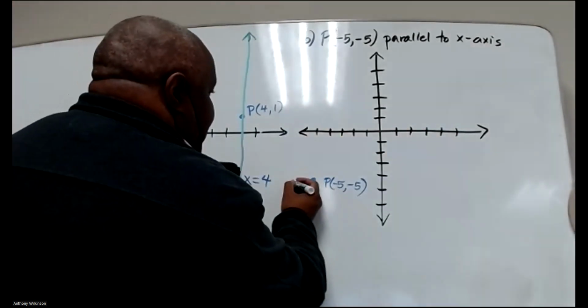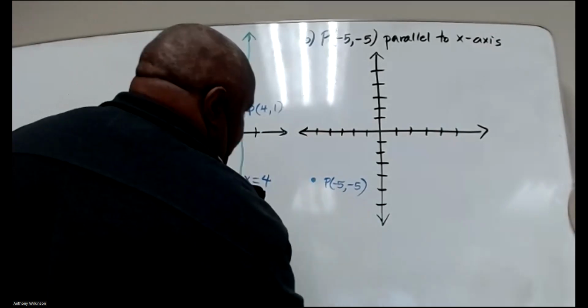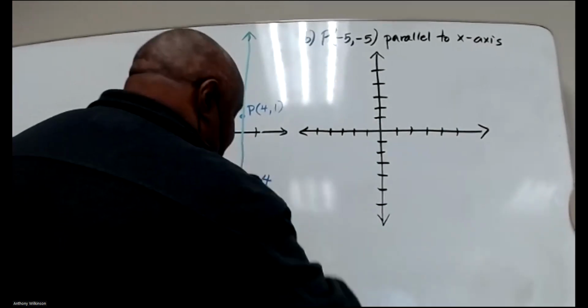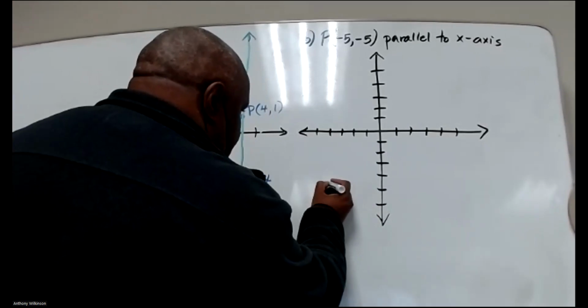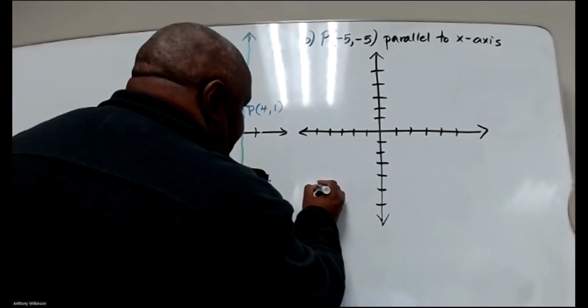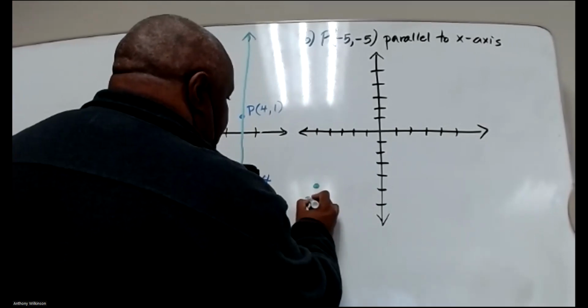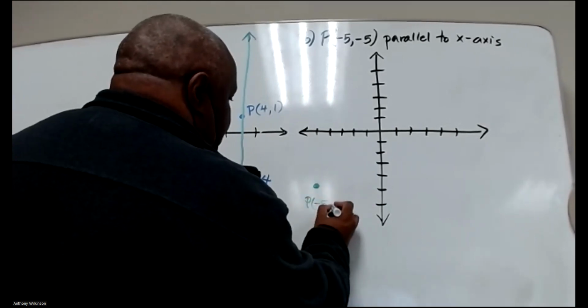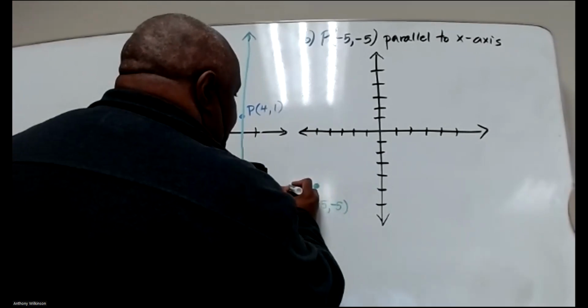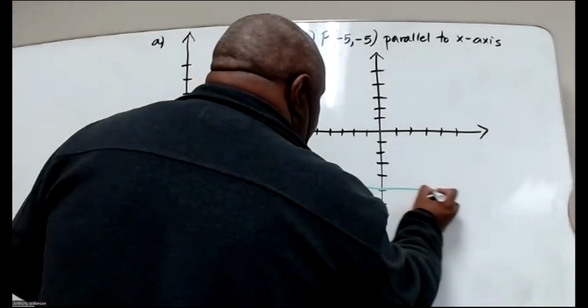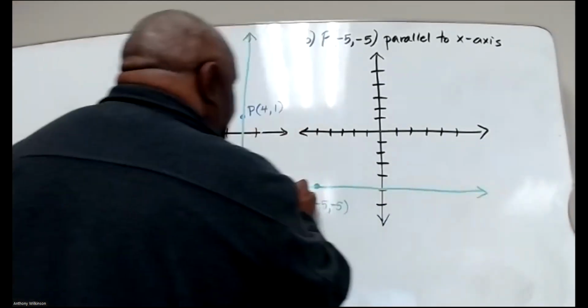That means that this line will have to be, obviously, I do not know how to plot points. Let's see, -5 will have to be down here, so a little bit further. So that line would be going in this direction.